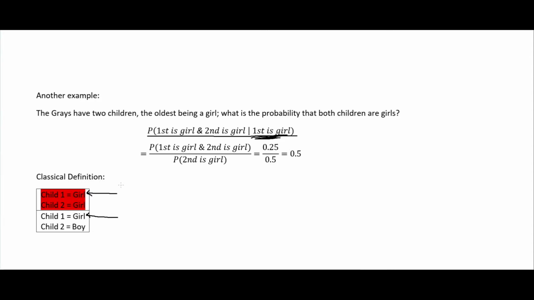And so we're just looking at the probability of the second one. So we see that just this top one that I have highlighted in red here is the probability that both are girls, given the first is a girl. And so we can see that that is 1 out of 2, or half.